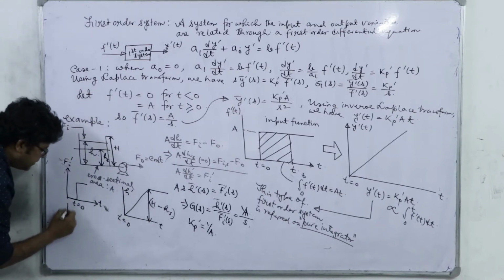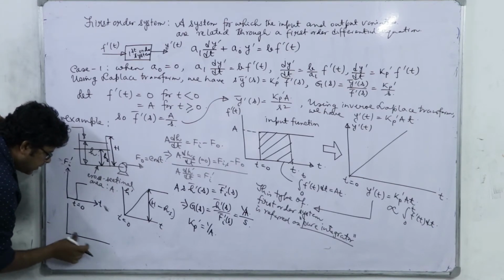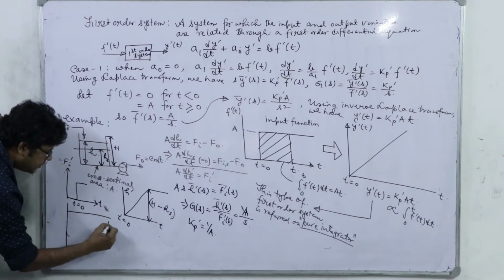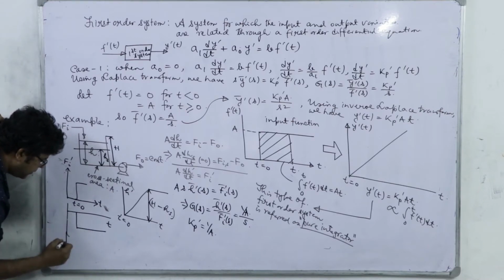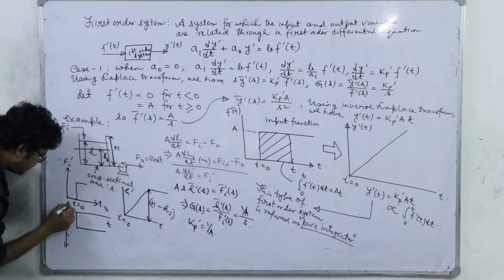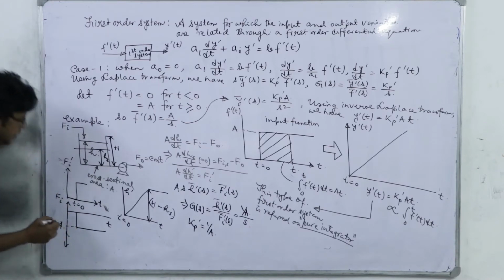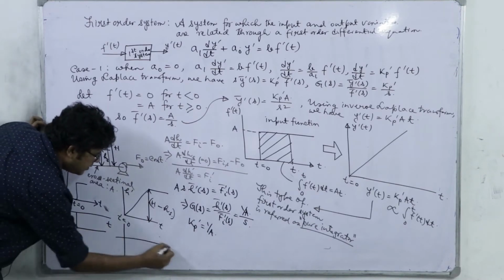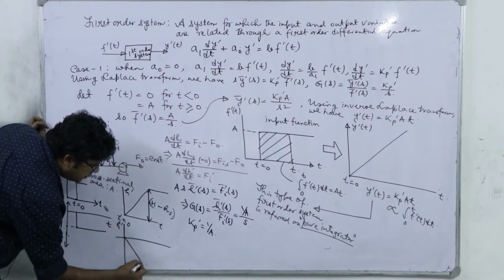On the other hand, if I go for this sort of input, if we reduce the input, okay, so this is Fi, and here if I give a negative step, then H prime goes like this.